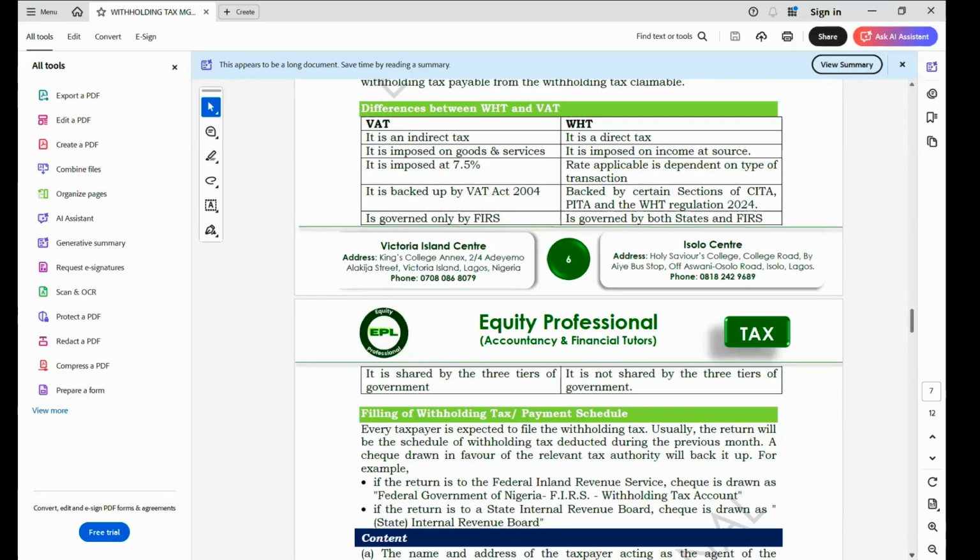So during the process of remitting, that is when you come up with the payment schedule. That is the document that will be prepared by the agent, showing all the details of the withholding tax deducted during the previous month.